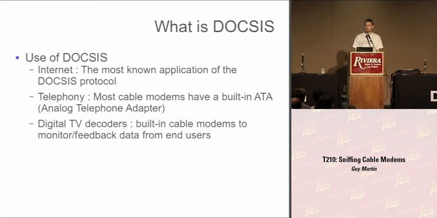The use of DOCSIS, well, you most commonly know that DOCSIS is used to provide internet. That's one thing. Second thing, it's used as well for telephony. Most of the modems right now have got an ATA, so it's phone plugs. You just plug in your normal analog phone, and you get voice over IP via the modem.